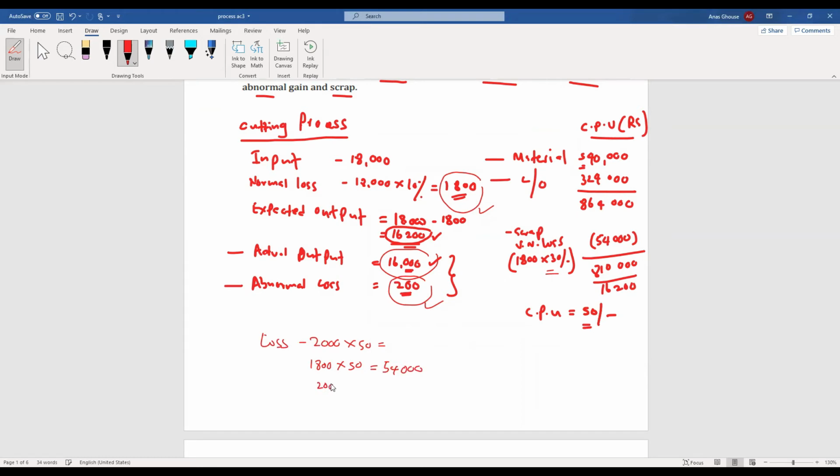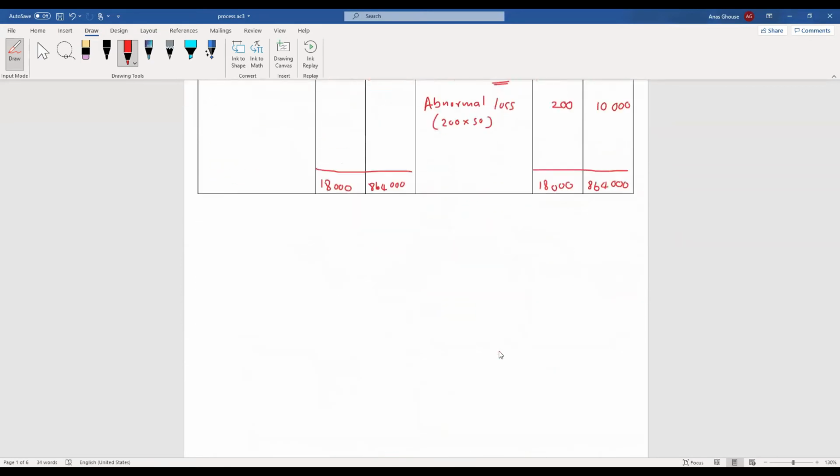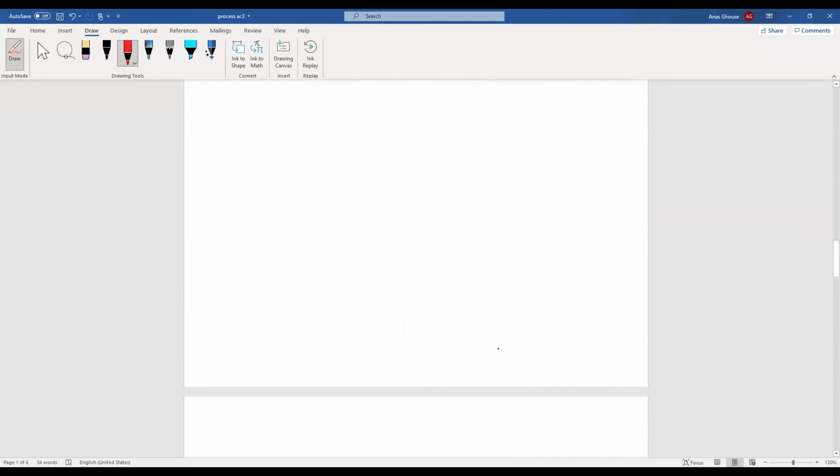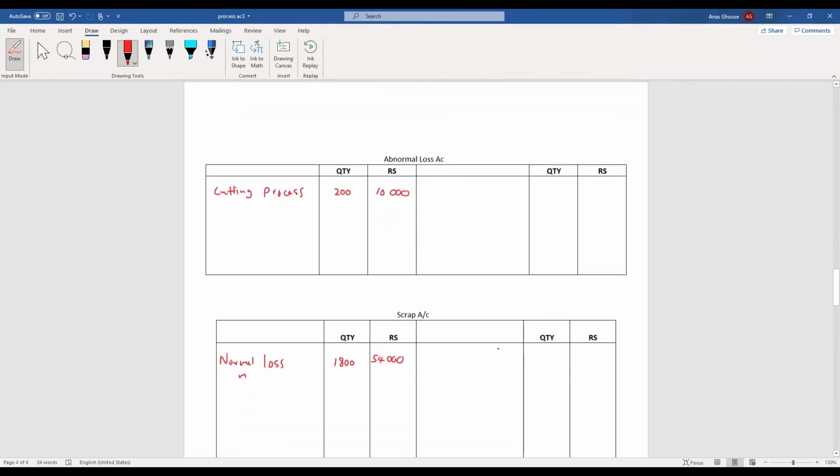Sorry, the abnormal loss is also sold at 30, therefore this will be 6,000. So total proceeds will be 60,000. Therefore, we need to transfer from the abnormal loss account to the scrap account.